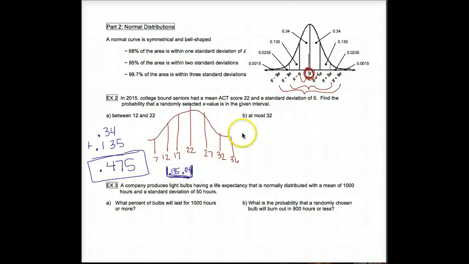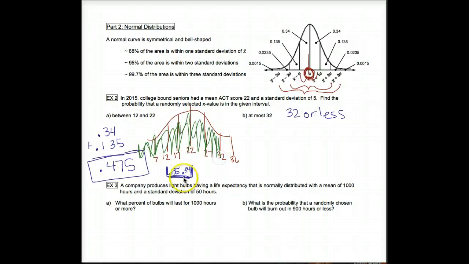So less than 50-50. B says at most 32. So that means 32 or less. So let me pull a different color here. Let's try green. 32 or less would be everything down here.